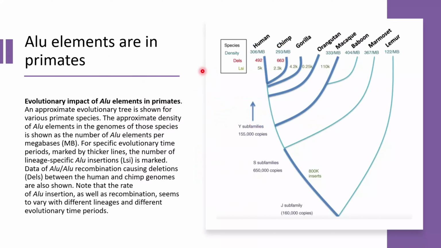Now, these ALU elements, when we talk about them in genomics, are often linked to primates. The reason is that they're found in high numbers in primates, and they're used to figure out which primates came first, when we're talking about evolution. You can see here that each primate has its own signature of ALU elements.